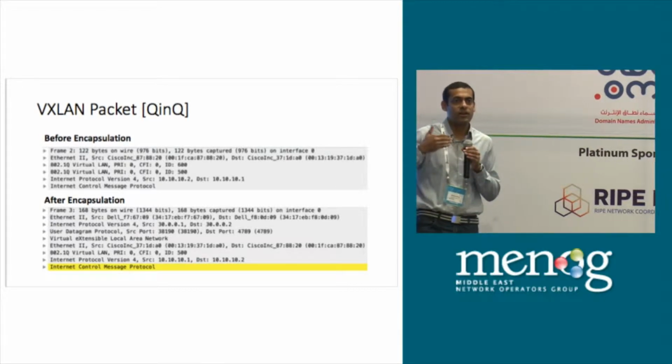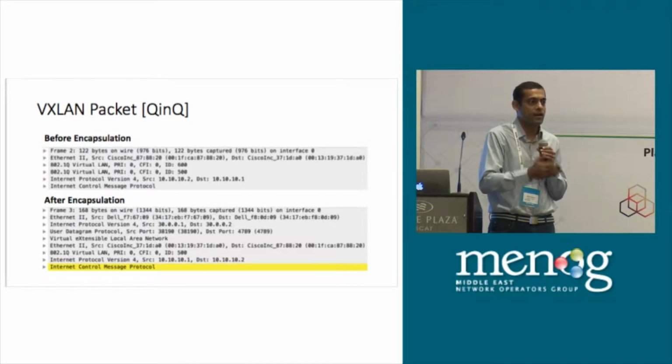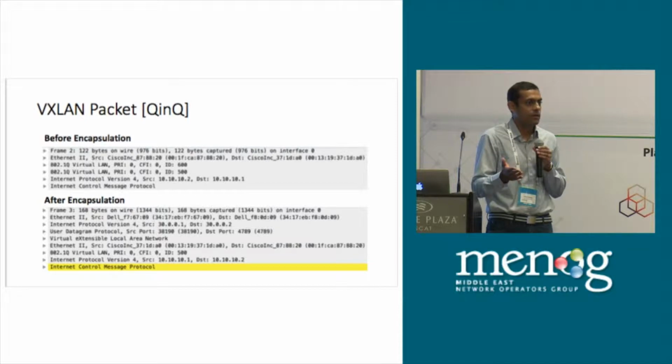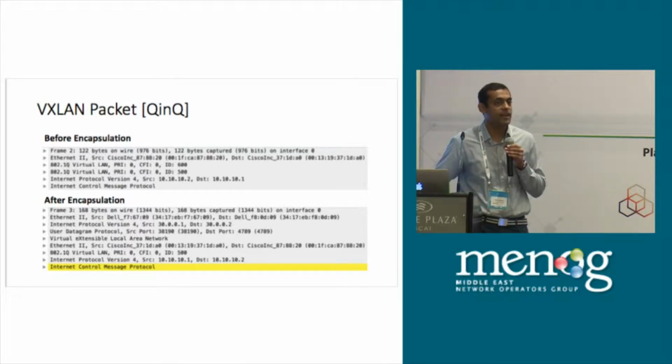It doesn't cost you a lot compared to buying dark fiber, right? You just use the layer 3 segment capacity between the two, normal IP or MPLS capacity, and then you can use VXLAN. And you can send as many VLANs as you want from one data center to another.